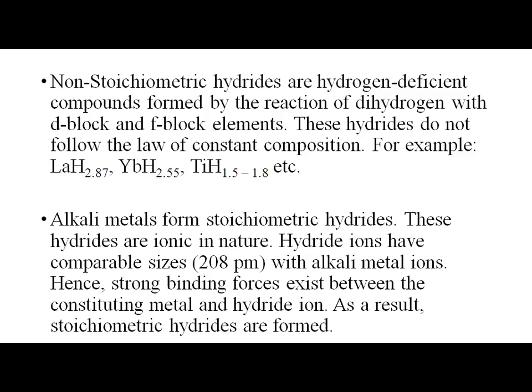These hydrides do not follow the law of constant composition. What does the law of constant composition say? Any compound, whether naturally occurring or artificially prepared, will have a simple whole number ratio by mass for the combining atoms.